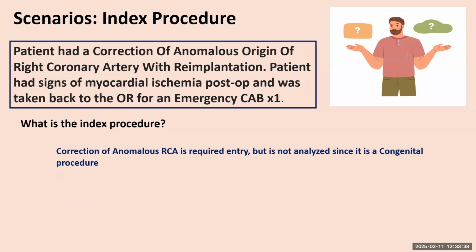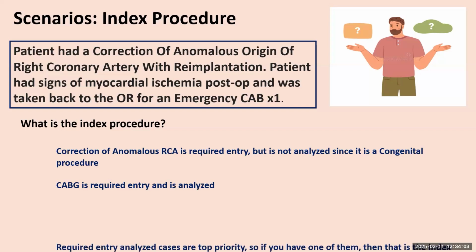Okay. So correction of the anomalous RCA is required entry, but it's not analyzed, because when we're just correcting an anomalous RCA by doing a reimplantation or an unroofing, that's a congenital procedure. We don't analyze them, but they're required to be entered. The CABG is required entry and it's also analyzed.